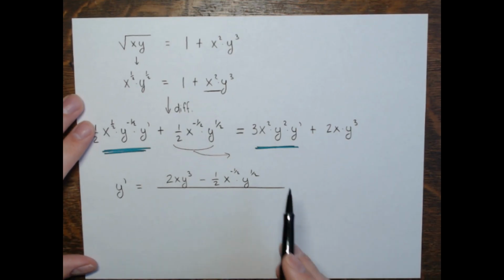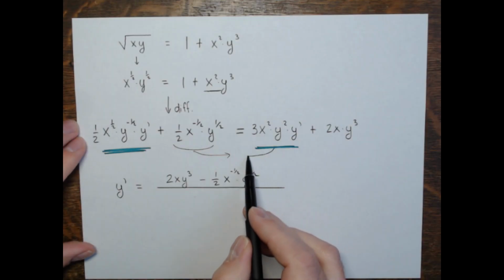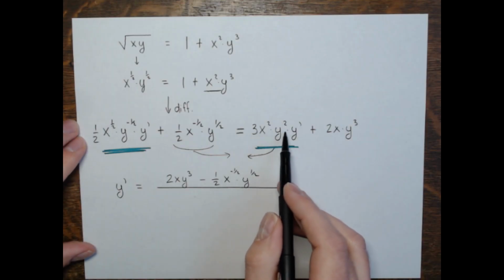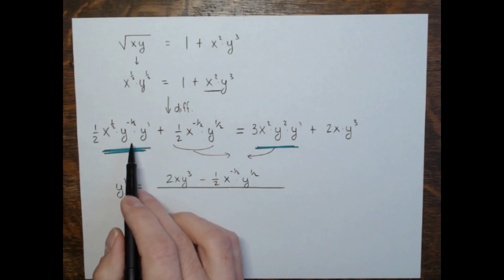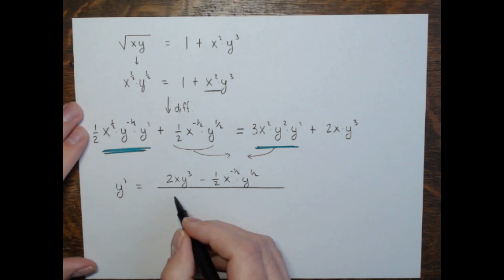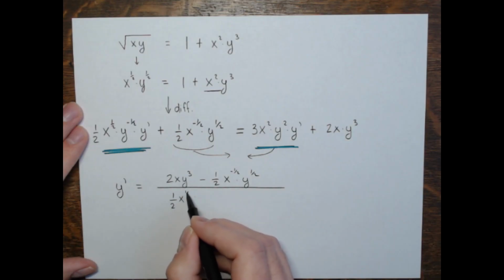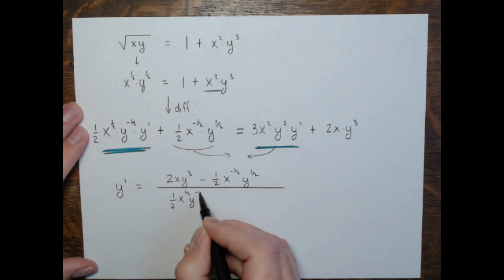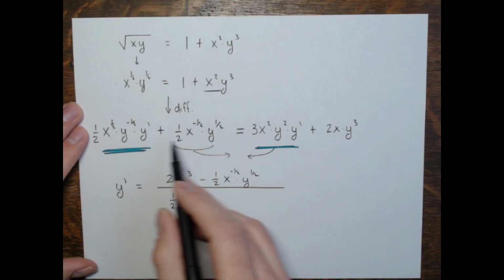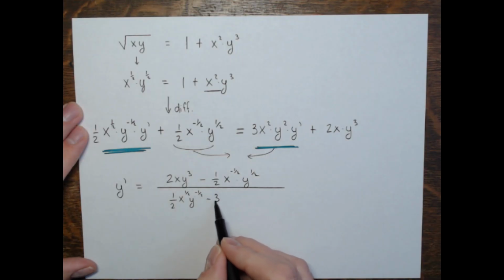And then I would subtract the term with the 3x squared y prime, factor y prime out and divide. You'd have this divided by half x to the half y to the negative half, and then minus 3x squared y squared.